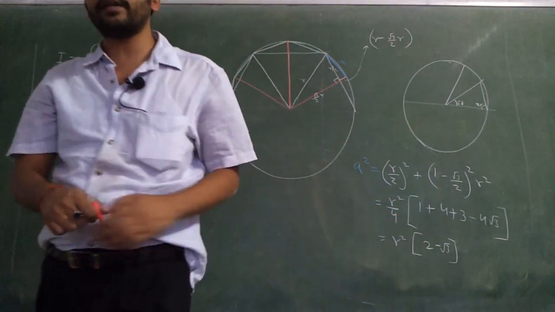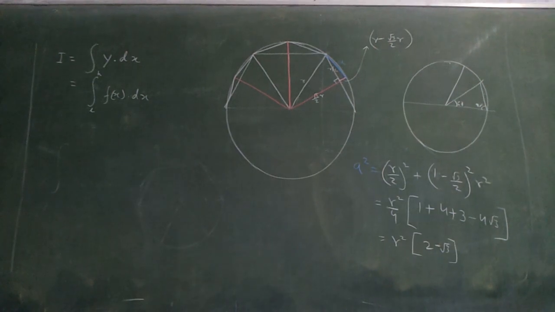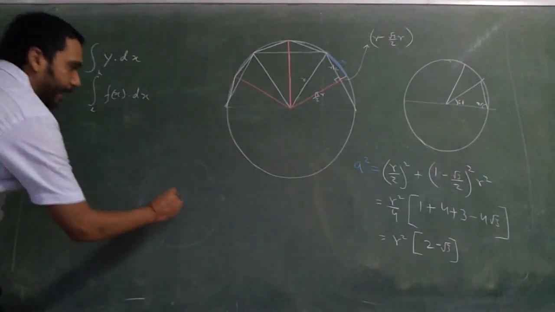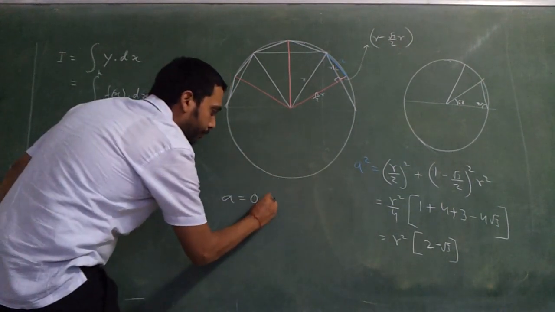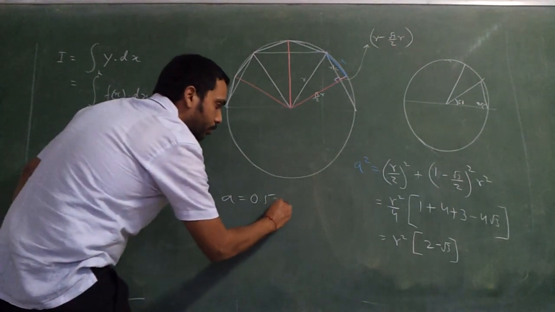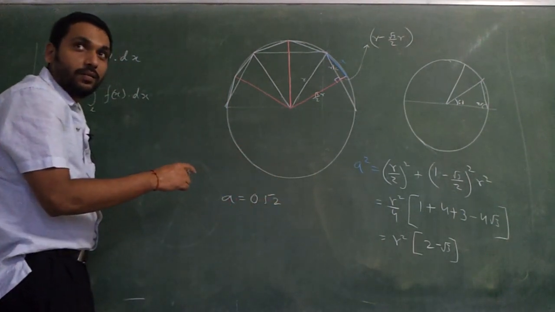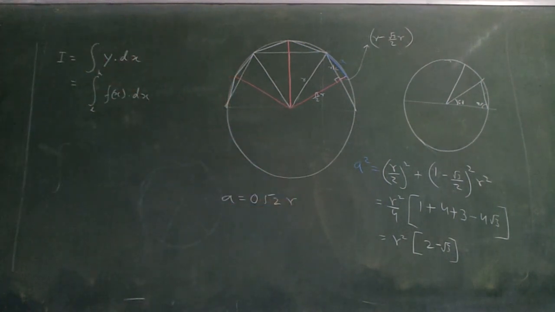Use your calculator and tell me. So what do you get? A is equal to how much? 0.52 approximately. It's 0.519. Okay, 0.52R. Right? That is what you are getting your A value as.